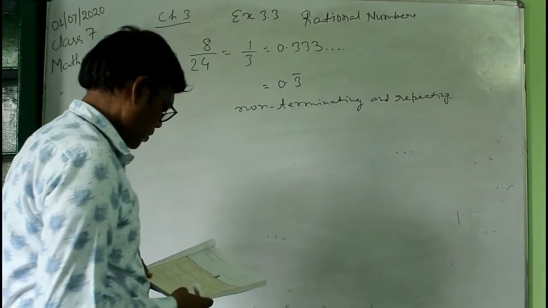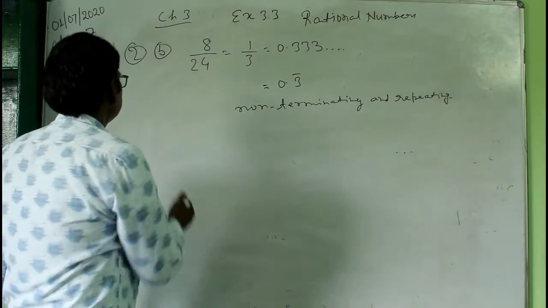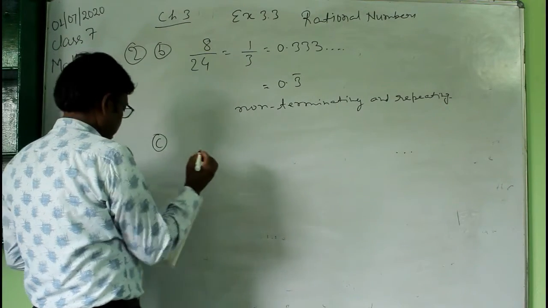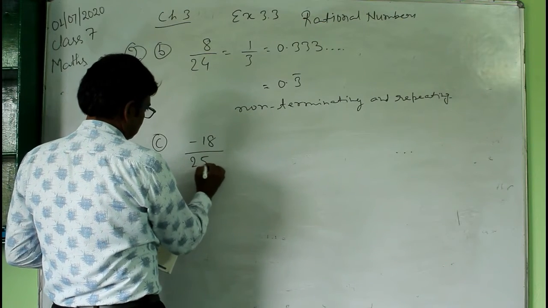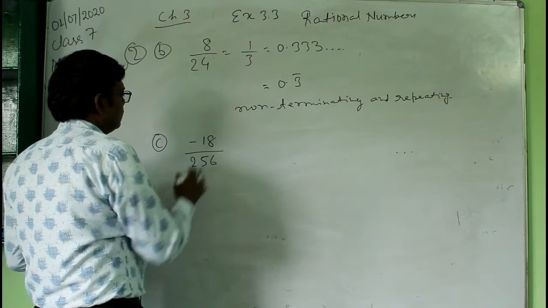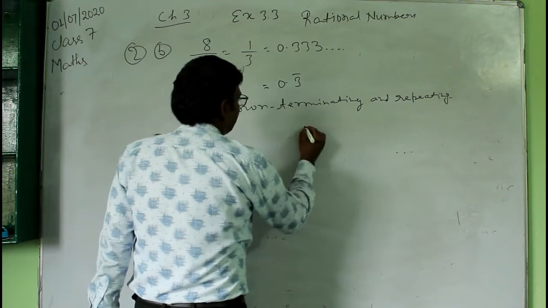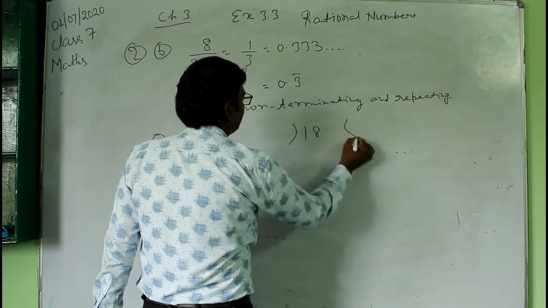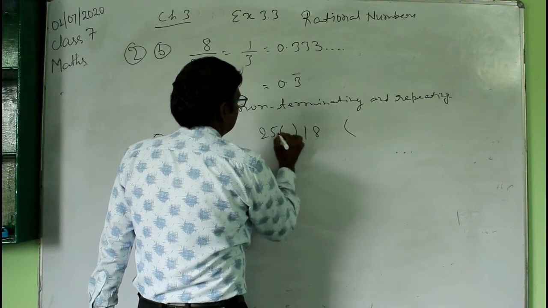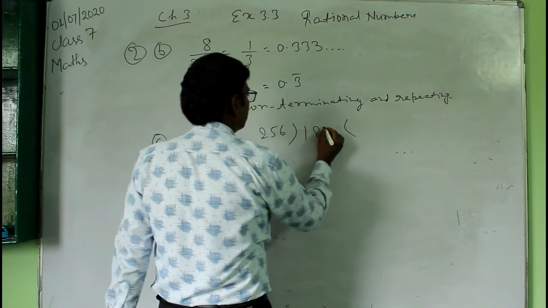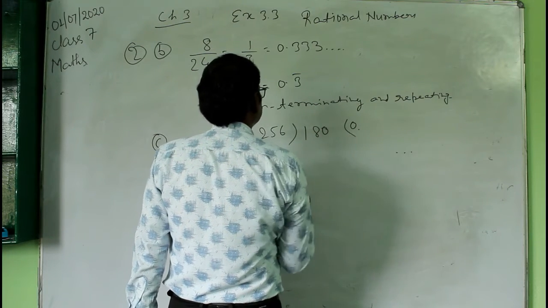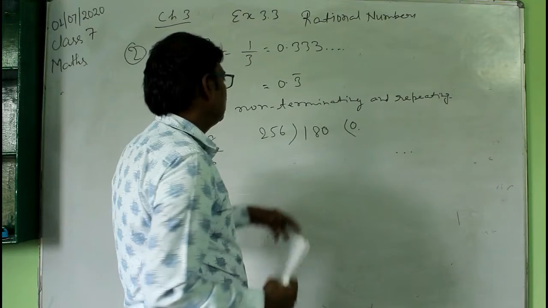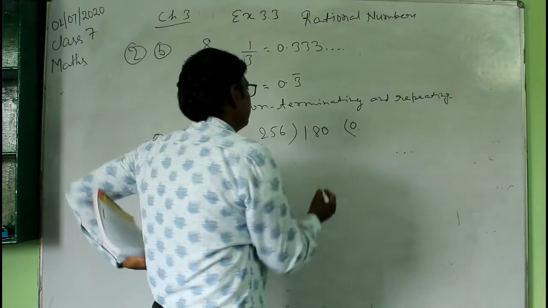Now next question C. 18 by 256. Leave the negative 9 here and divide 18 by 256. So here you put 0 and then 0 here and then a decimal point. Still this number is smaller, so put one more 0 here.